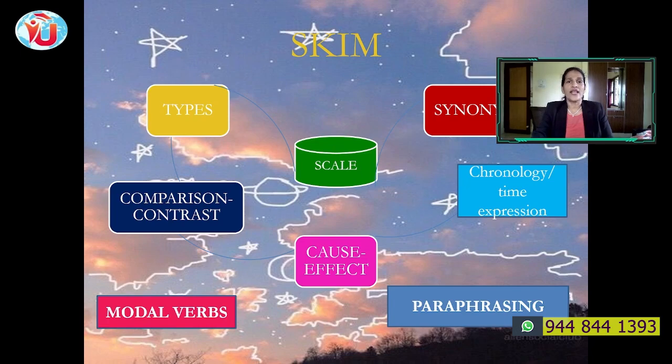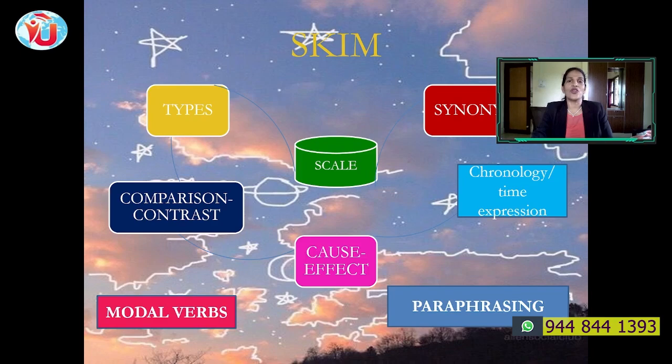Now you will skim for the specific words that are there. That means you need to look for scale. When you have a scale in your text, that is leading you to the answer. So you need to skim for scale, synonyms, chronological expression, time expression, paraphrasing, cause and effect, modal verbs, comparison and contrast.